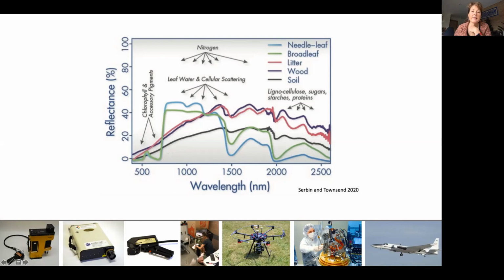And the shapes of these spectra reveal different things about pigments, water content, and scattering, nitrogen, cellulose and lignin, sugars, starches, and proteins. And I'm not going to talk about the methodology today, but there's a wide range of different sensors that are used and that can be used on different platforms to either detect at the leaf level or remotely sense reflectance spectra.